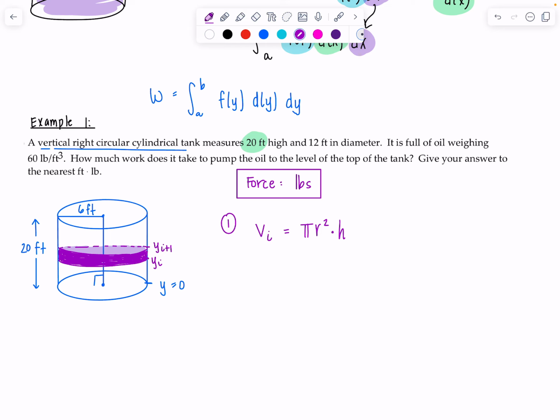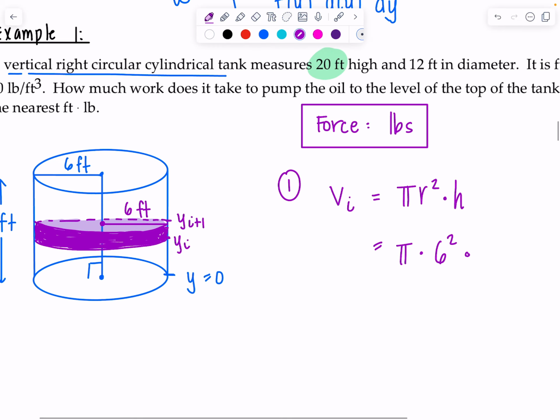times the height. Now the radius of this slice is 6, right? We established that earlier. So V sub i would be pi times 6 squared times, what's the height? Well, the height is the change from y sub i to y sub i plus 1. It's delta y. That's my height. So V sub i is 36 pi delta y.